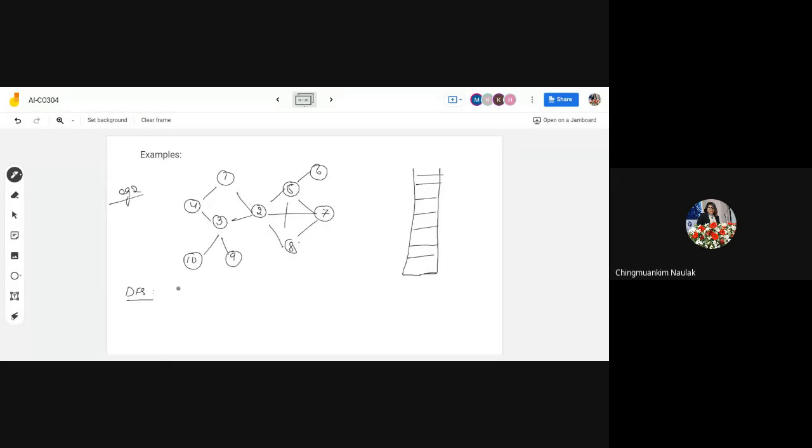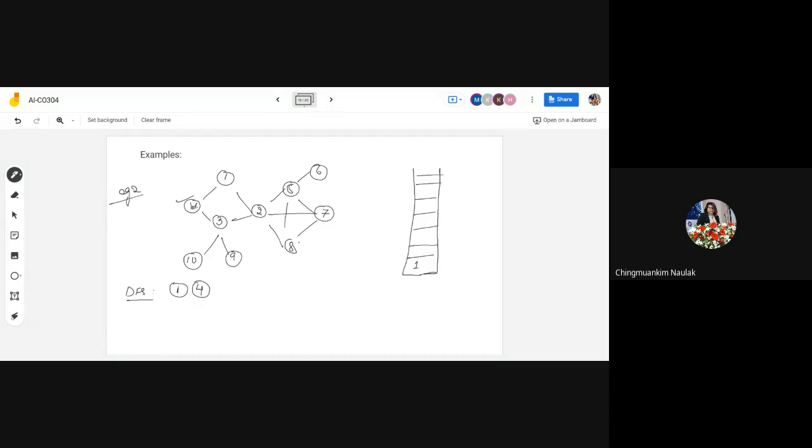If you started 1 in DFS, you're going to explore only one node at a time, right? So you have so many adjacent nodes, 4 and 2, but you're going for 4 only first. 4. Okay. You have explored 4, so suspend 1 here.